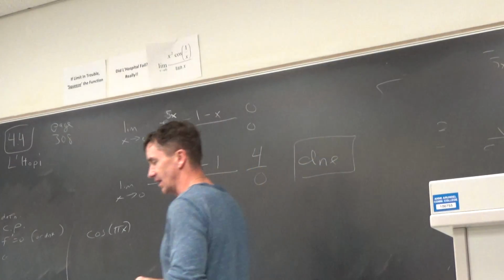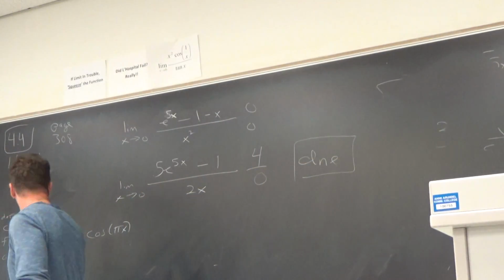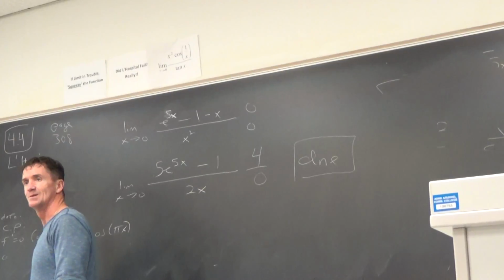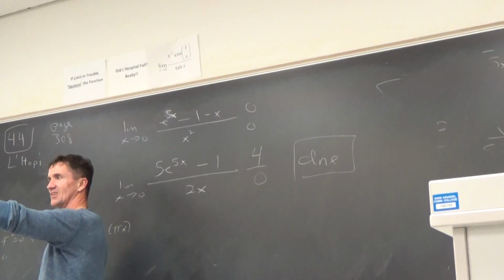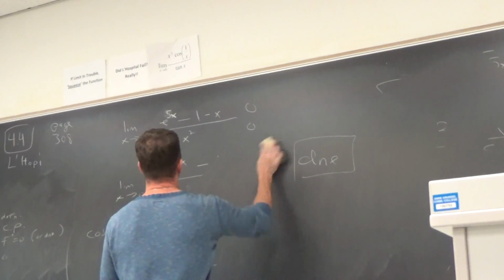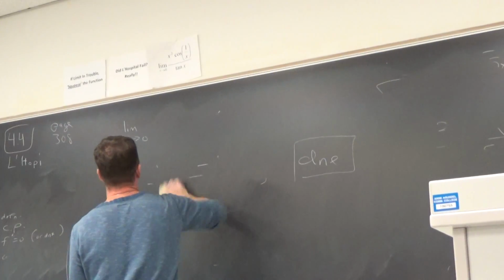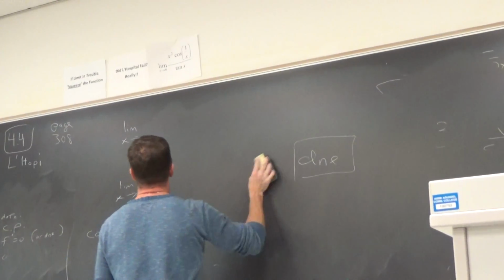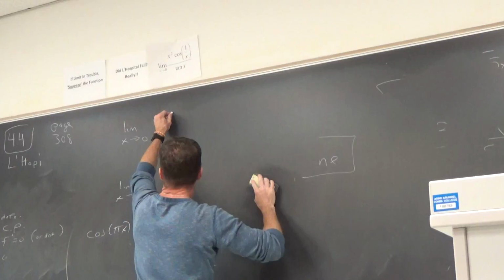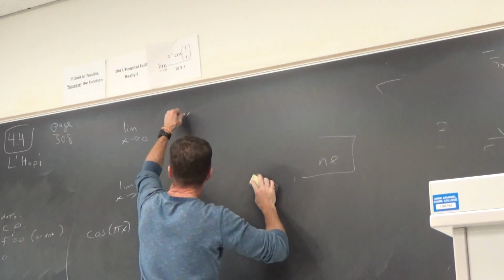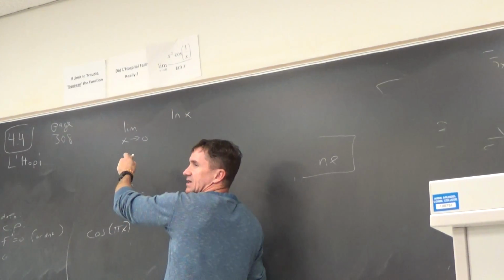Alright, we need one with an ln. I know, I'll do one of these with an ln. That sound good? You want a natural log? Well, I can't use 0 because natural log is defined only for positive numbers.